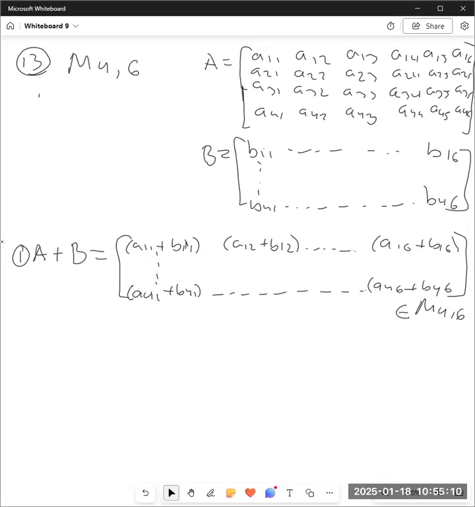It's a 4x6 matrix. So I have passed the closure axiom for addition. Number 2 is A plus B equal to B plus A. We know it is under standard operations of vector addition. So yes.